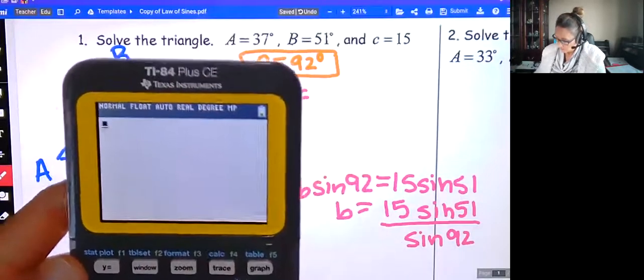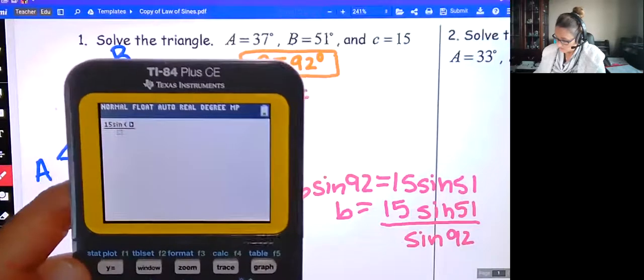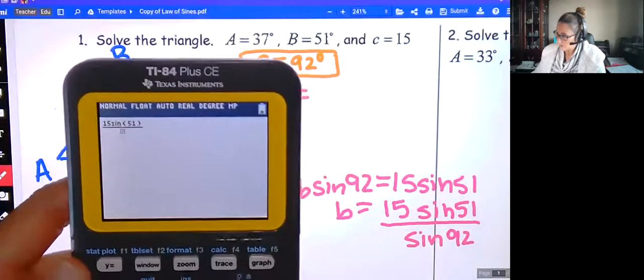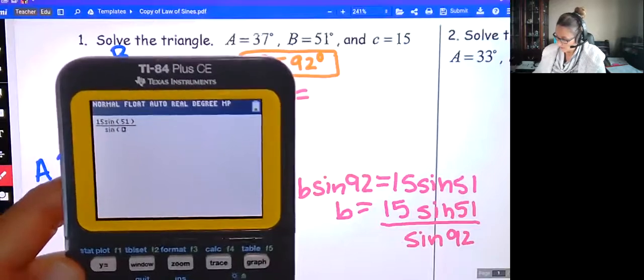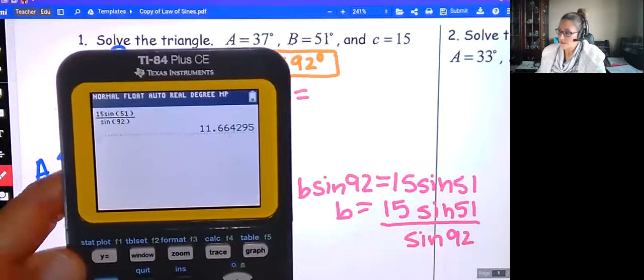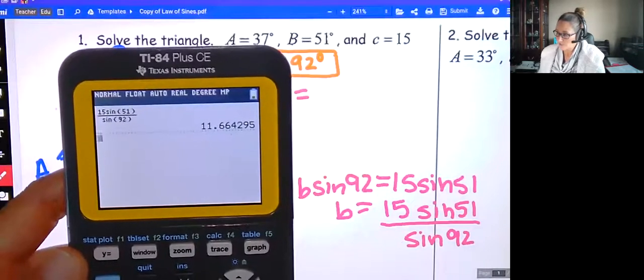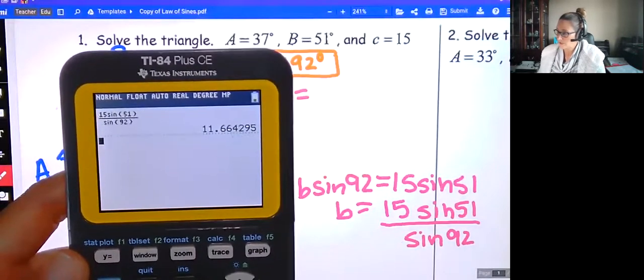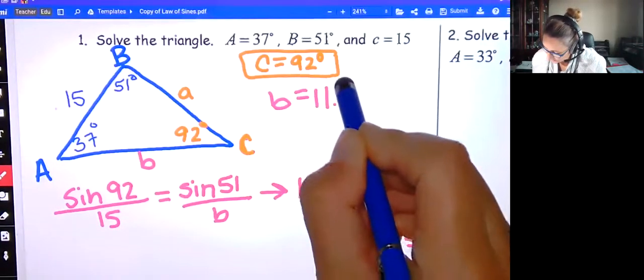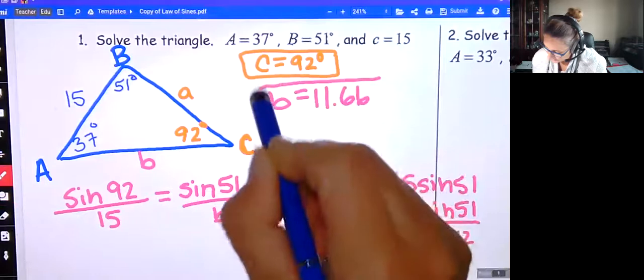Okay, so 15 times sine of 51 over sine of 92. And I end up getting 11.66 for my answer.